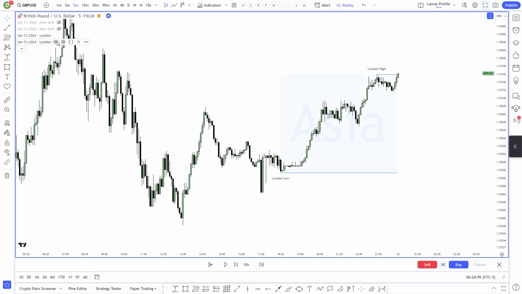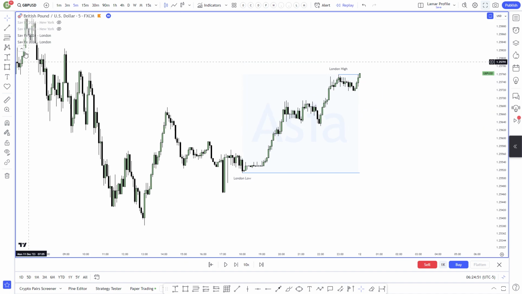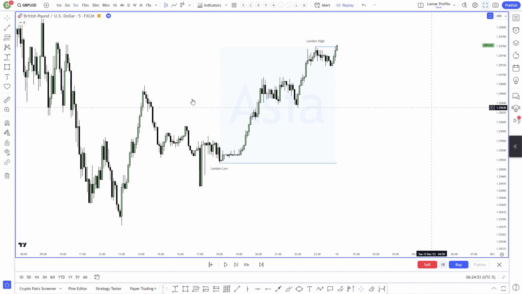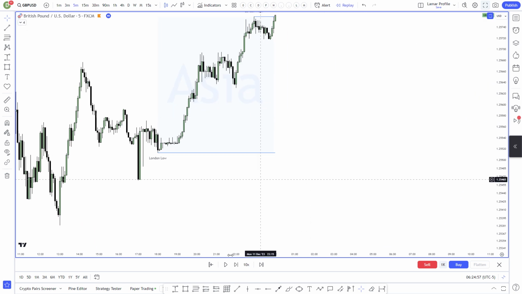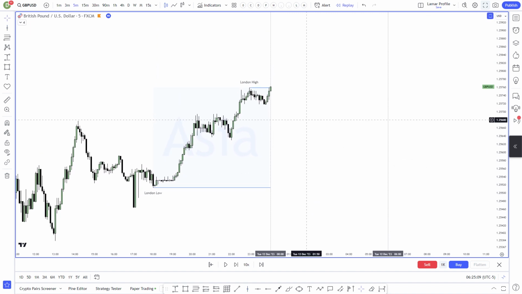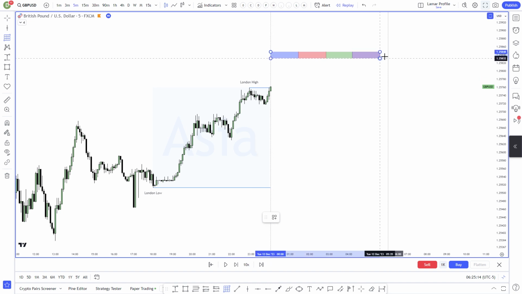Got my indicators here. Okay, if you can pay attention, right? This is our Asia low, this is our Asia high. Asia high has just currently been swept, right? And our dealing range would be from midnight to 6 a.m., which would be right there, like that, right? And then this is our dealing range.